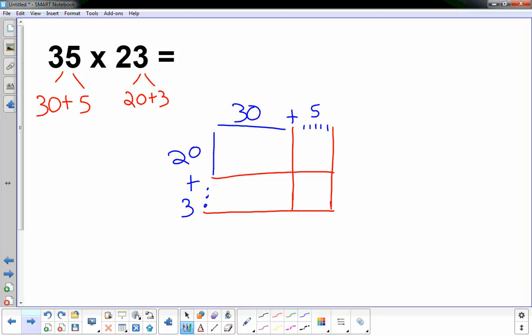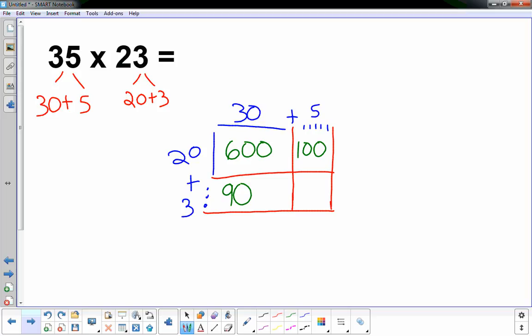So 20 times 30, I know 2 times 3 is 6. And there's 2 zeros, so 600. I know that 20 times 5 is 100. I'm going to go to the lower left-hand corner. 3 times 30, I know 3 times 3 is 9. Then there's a 0 in the 30, so it's 90.